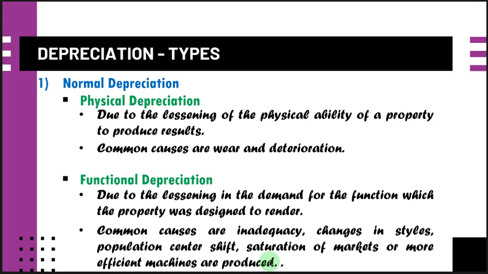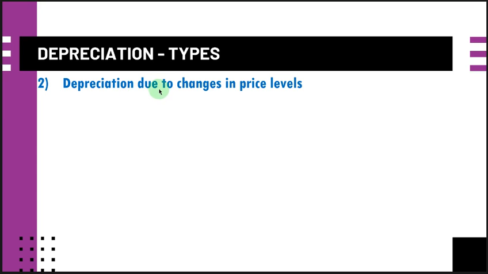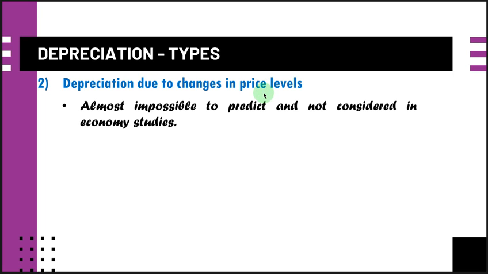So second, since the first is the normal depreciation, our second depreciation type is the depreciation due to changes in price levels. It is almost impossible to predict and not considered in economic studies. So by definition, it is almost impossible to predict this depreciation due to changes in price levels, and mostly it is not considered in economic studies.